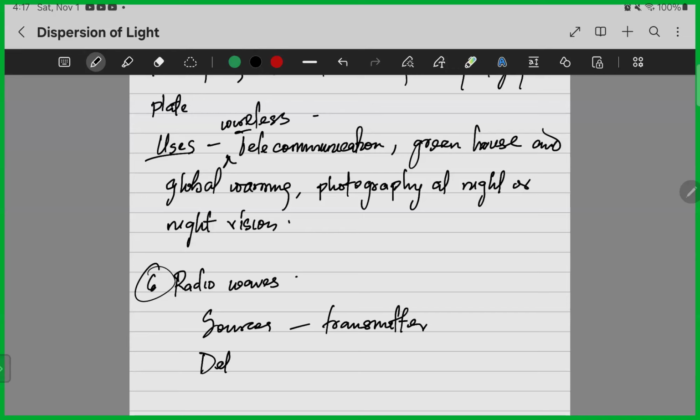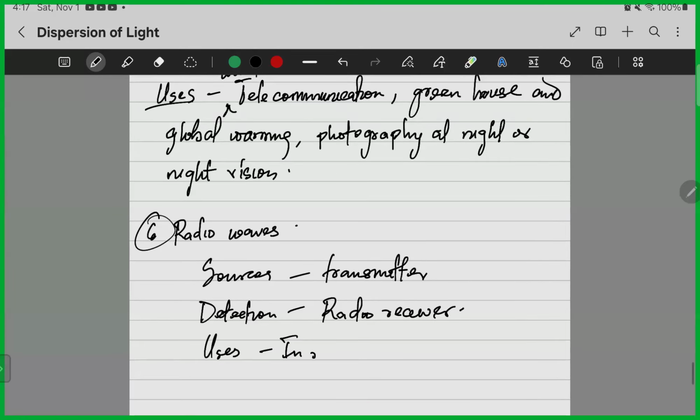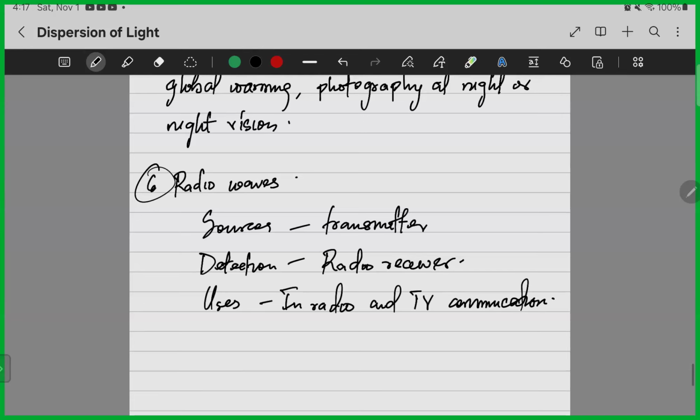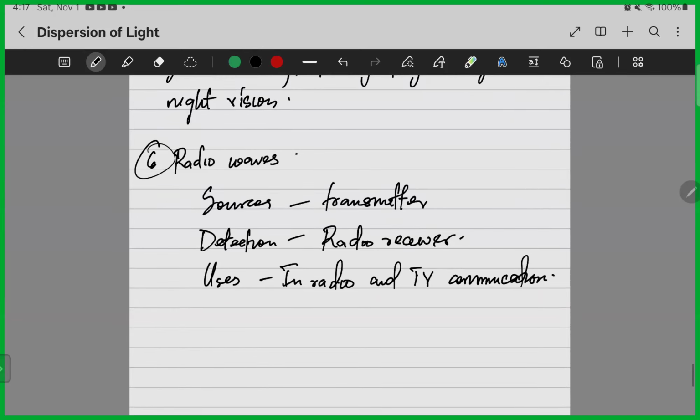And then the detection has to be a radio receiver. Then they use. So take note of that.